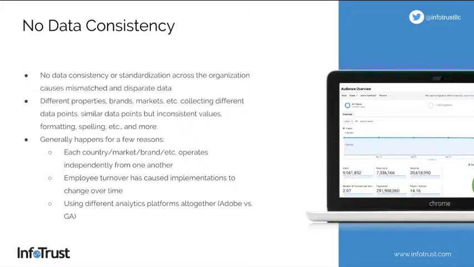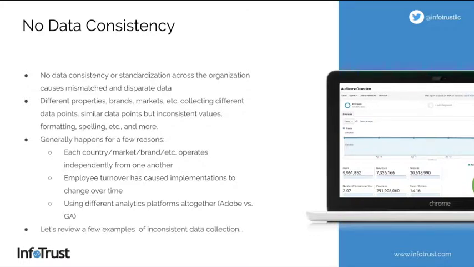There are a lot of different reasons why this inconsistency can happen. These are the general reasons that we see, but a lot of these issues can be alleviated if you are working closely with a partner that can help you document everything and keep you up to certain standards.